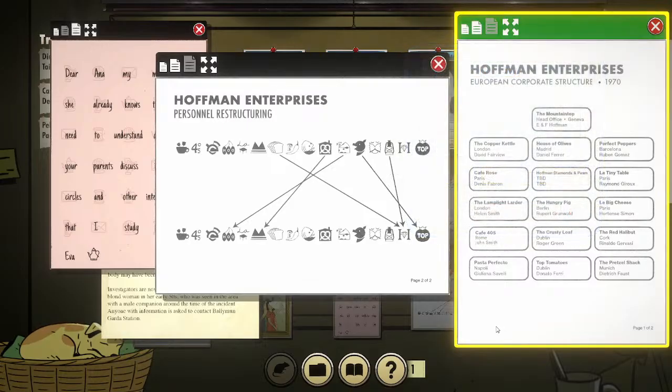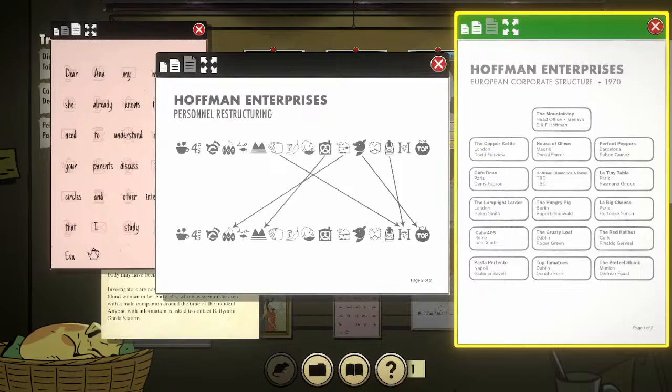So bread goes to bread, and then in parentheses, what is bread? I see a pretzel. Diamonds and pawn seems important. I think we might know a little bit about that, though. The crusty loaf. So bread is the crusty loaf.